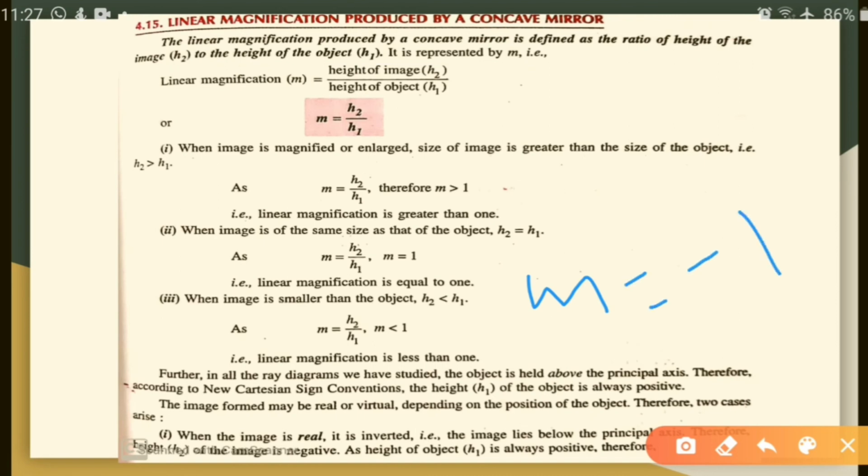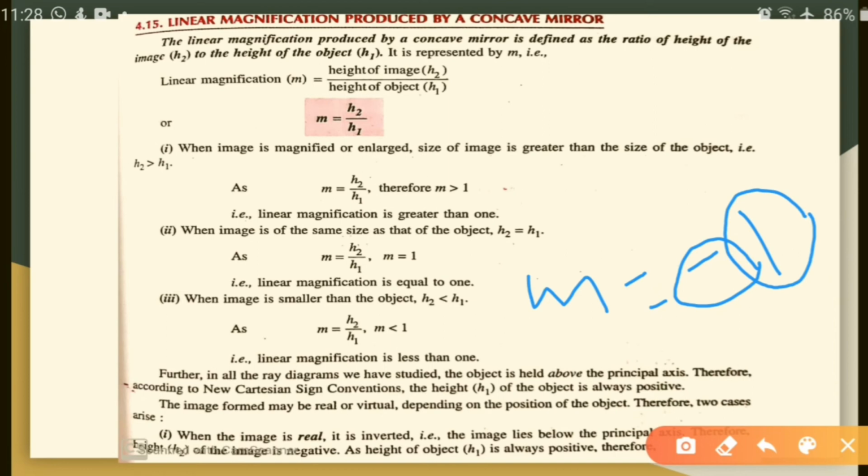Okay. So if the magnification is -1, can you give any example? Because in previous classes, this concept has been taught: what is the meaning of the minus sign? Minus sign means the image formed is real and inverted. So a real and inverted image of the same size, because the numerical value of m is 1.